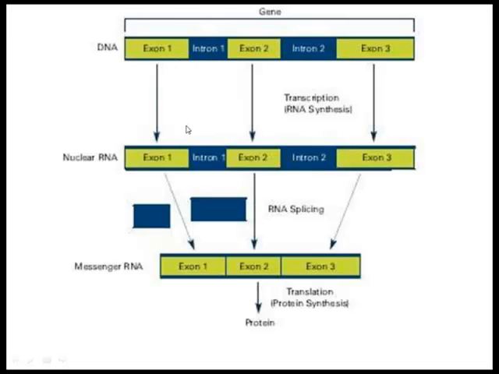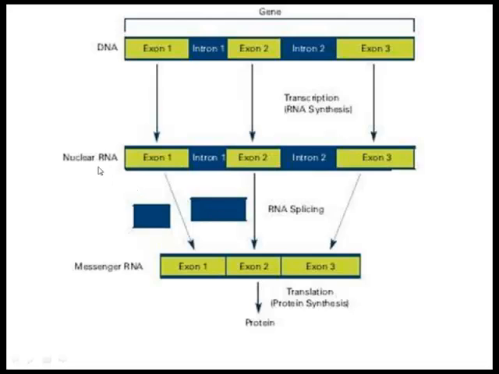To form this polypeptide chain, we have two major stages. The first one is called transcription. Transcription means synthesis of RNA from DNA, and then after RNA is formed, for RNA to participate in protein synthesis, it has to move from the nucleus to the cytoplasm.